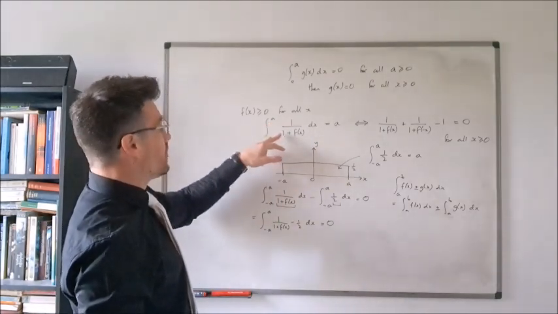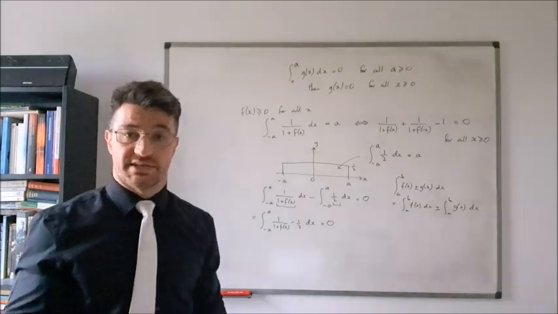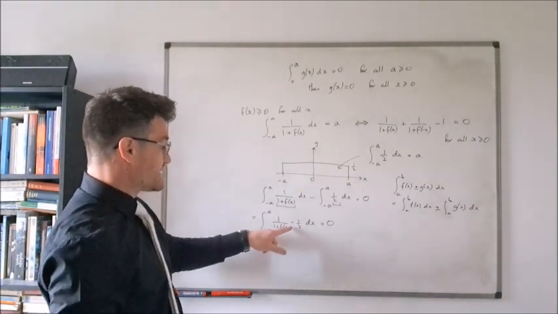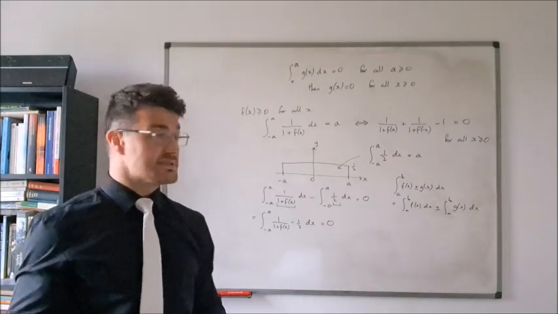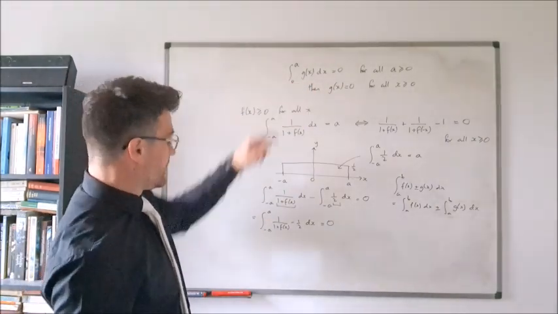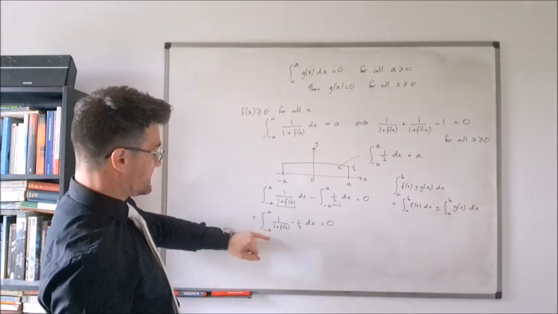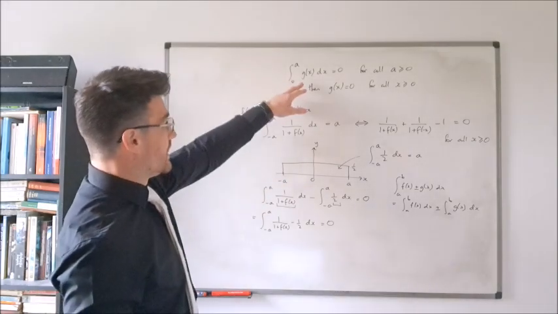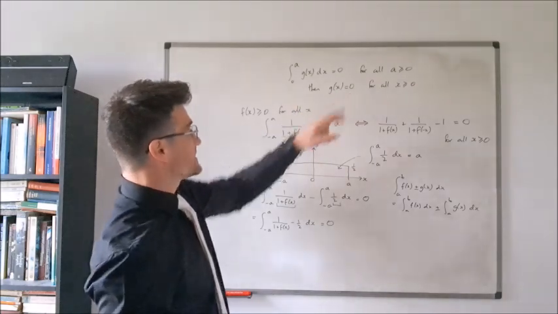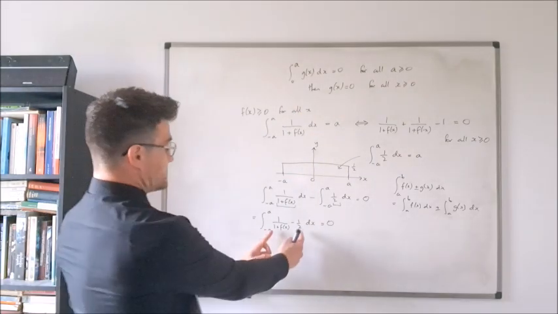So 1 over 1 plus f of x is also a continuous function, and that means 1 over 1 plus f of x minus a half is also a continuous function. So using this result up here, albeit with slightly different limits, we can determine that this is going to be equal to 0.